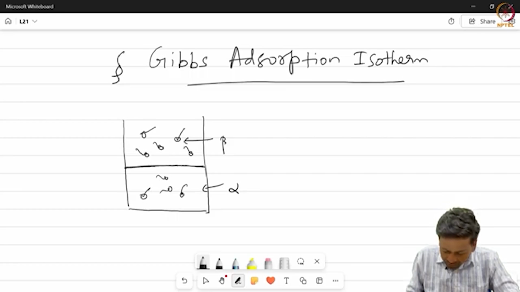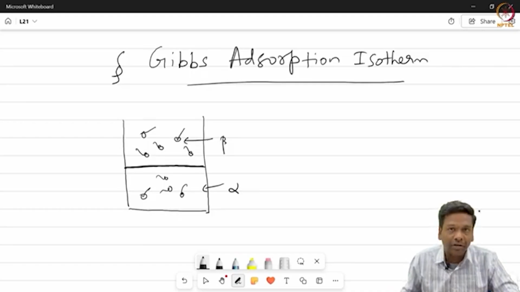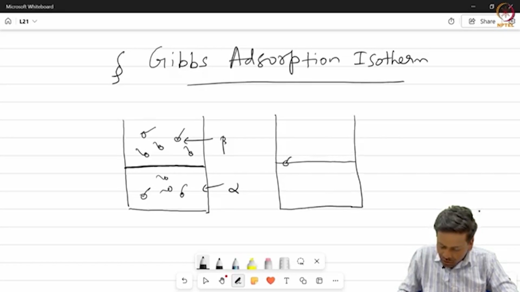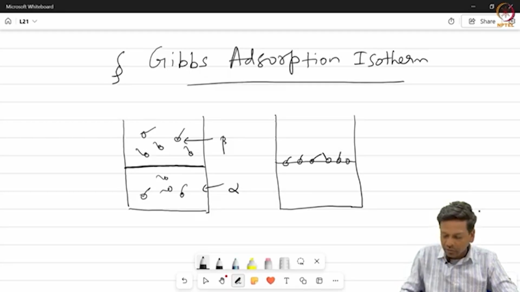Remember, this surface is present as an additional phase, right? So, if they have a tendency to adsorb, some of these molecules would go to the interface, right? So, they will be confined within this zone of interface as well.